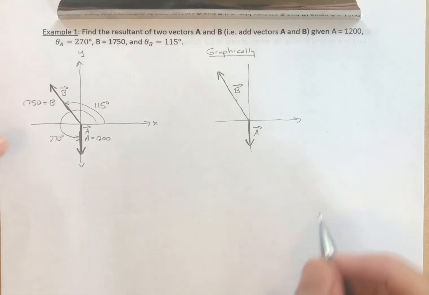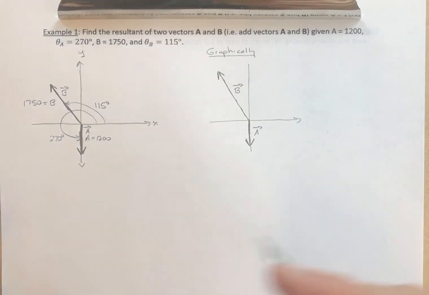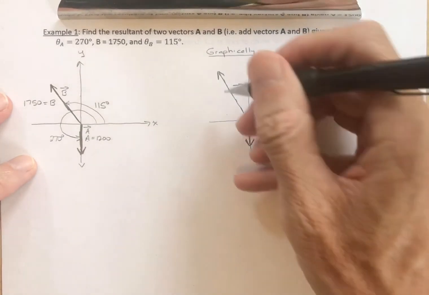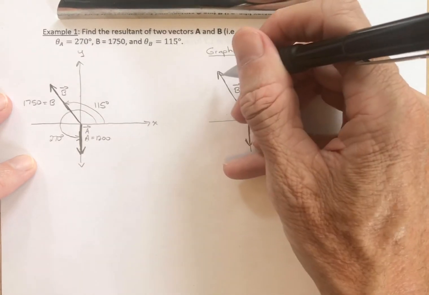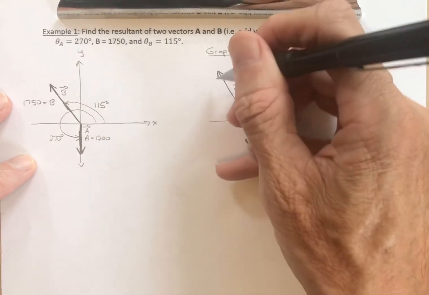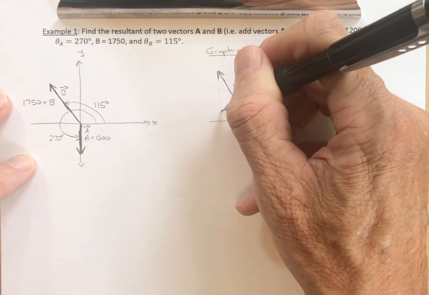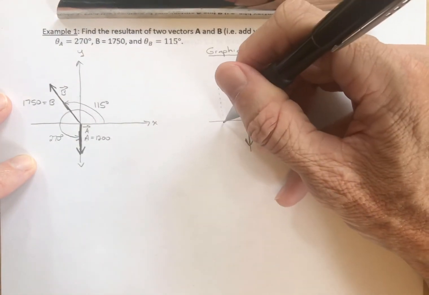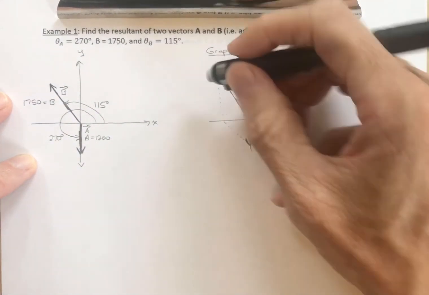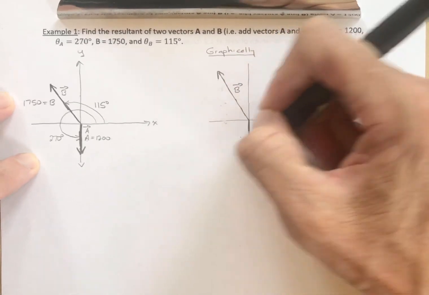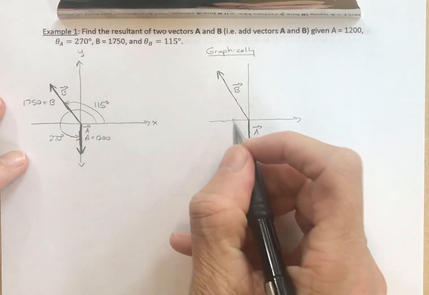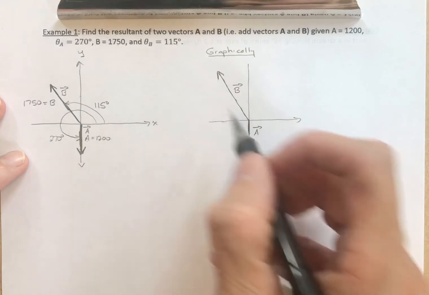We know graphically there are two ways to add. These are tail to tail, so we can draw a parallelogram. I won't draw that, it might be a bit confusing. Let's do a head to tail instead.